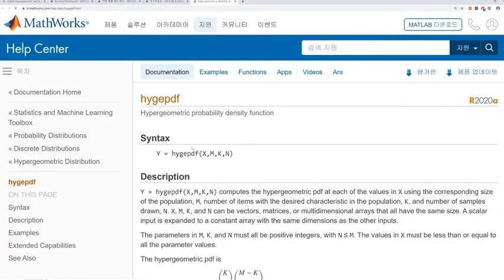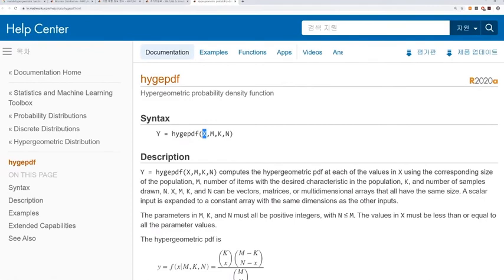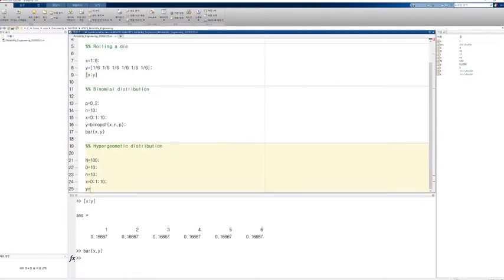The syntax is hypergeometric PDF, and we need to insert x, the numbers for which we want to calculate the probability, the total number of interest, and then the number that we take out.